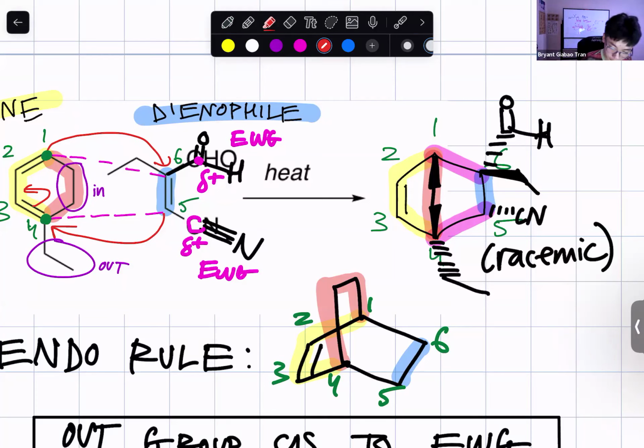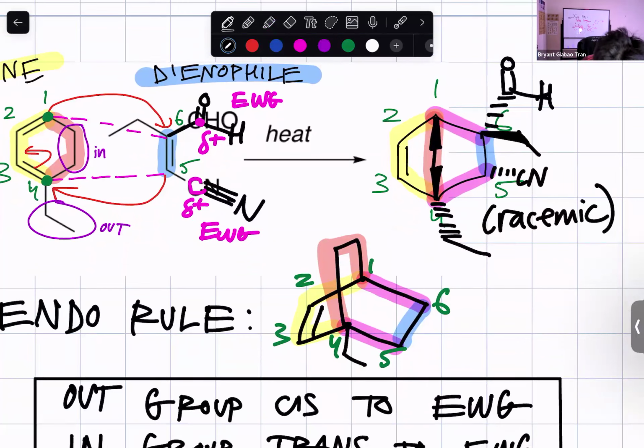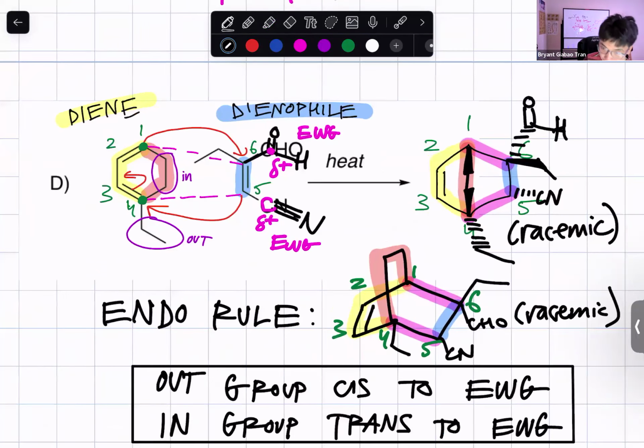You could see that bridge more clearly here, right? And then the pink is the new bond between diene and dienophile. And then let's put in the decorations: ethyl at carbon 4 going down, aldehyde going down, nitrile going down, ethyl going up, like that. Right, so that's one of the products, and it's racemic form or enantiomer form right there.